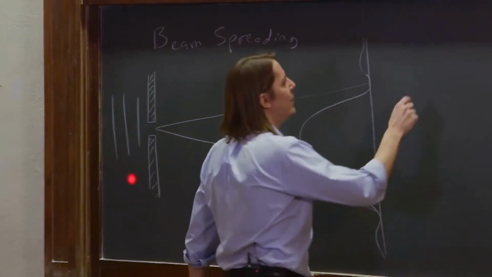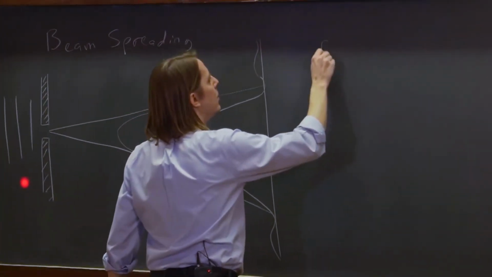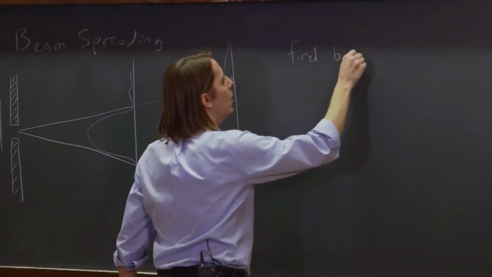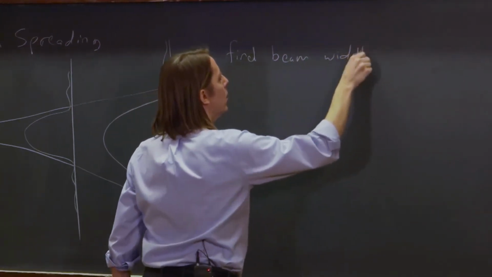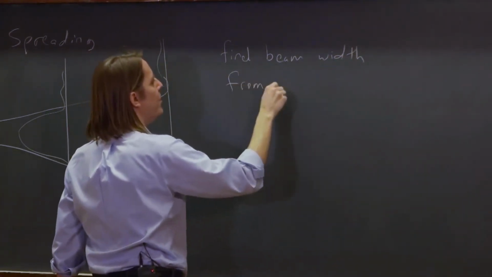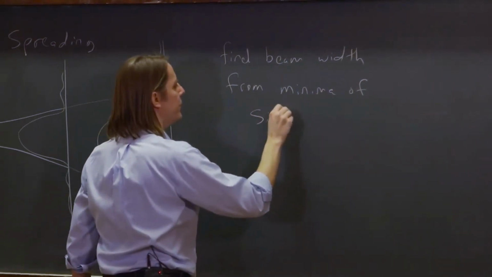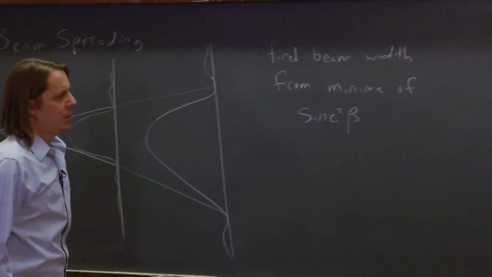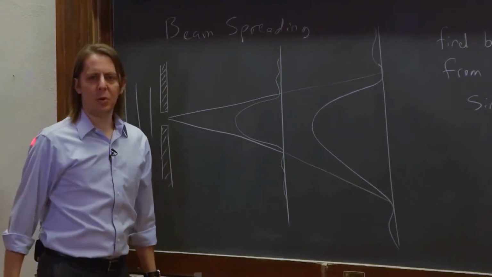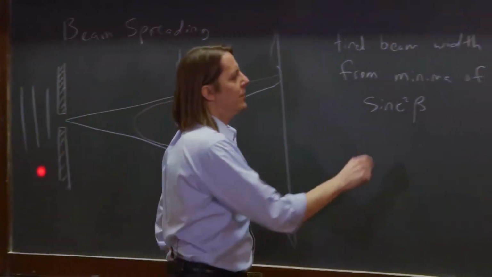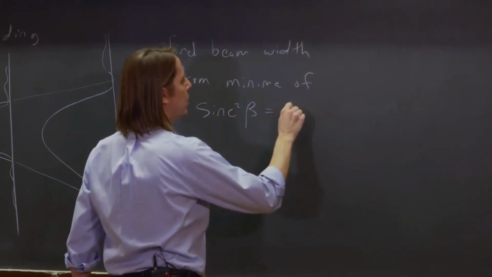So to find the width of the beam, from the minima of sinc squared beta, you don't really have to deal with sinc squared beta. You know sinc squared beta is sine squared beta over beta squared.